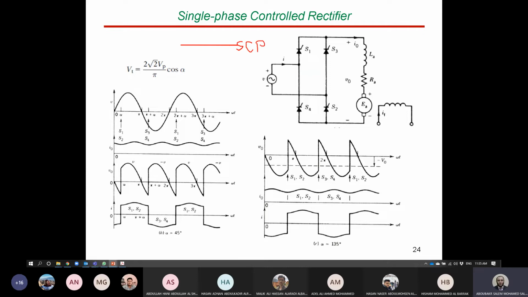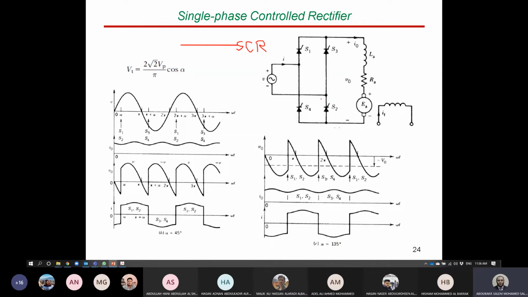SCR is an abbreviation for silicon controlled rectifier, which has the name Thyristor. How we can turn on the Thyristor, we will understand now, but let's firstly understand the idea of the rectifier.